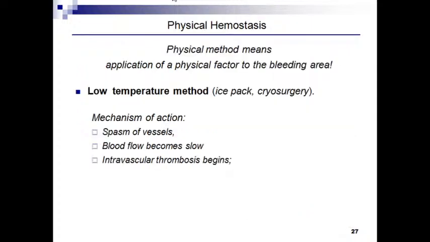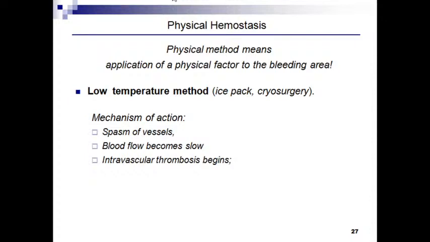Physical hemostasis. Physical hemostasis means application of physical methods, application of physical factors to the bleeding area. You know some physical factors, such as temperature and irradiation. We can use low temperature methods, for example, ice pack or cryosurgery.